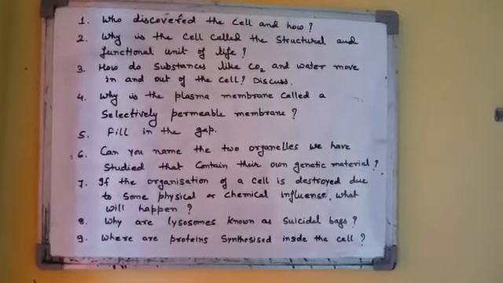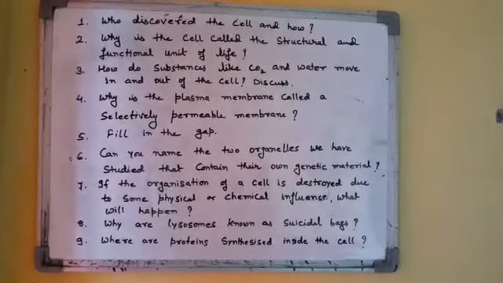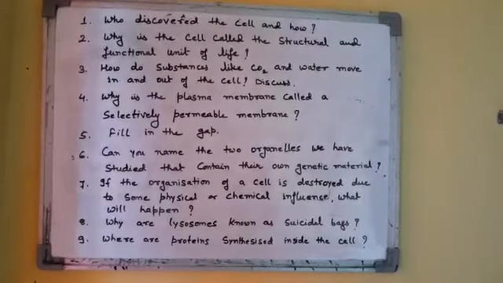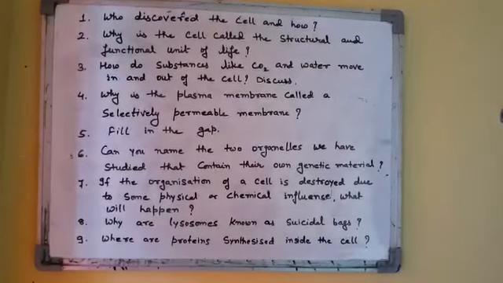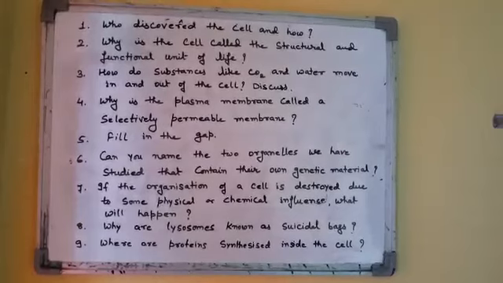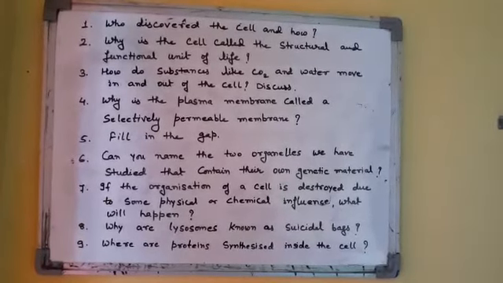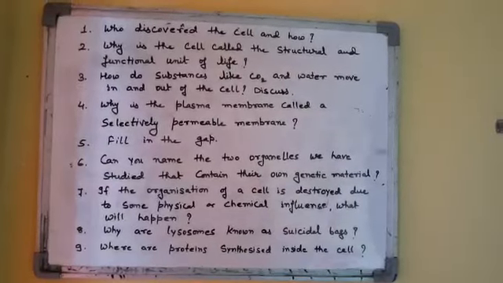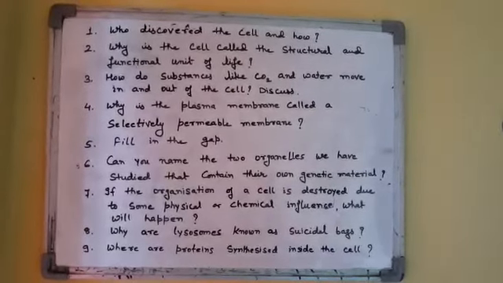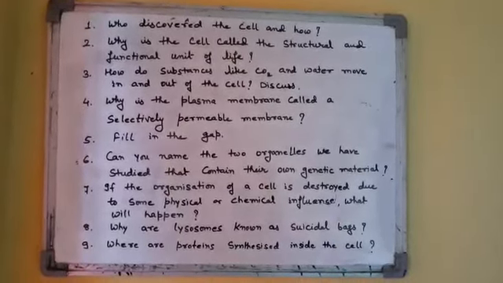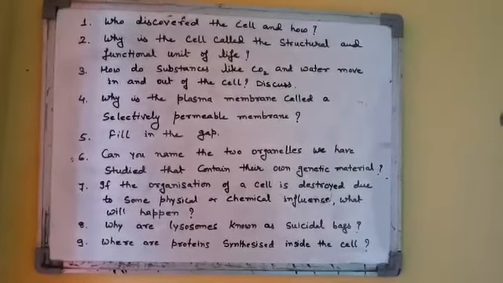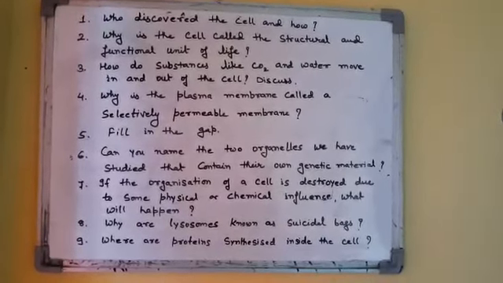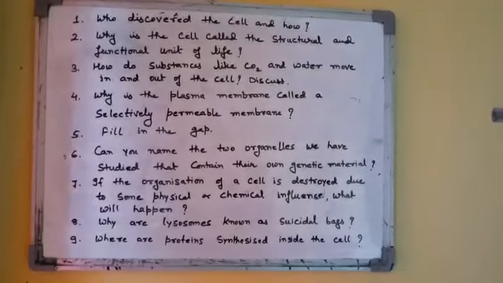The next question is, how do substances like CO2 and water move in and out of the cell? Discuss. Students, here you have to name the process, the phenomenon through which CO2 and water move in and out of the cell.